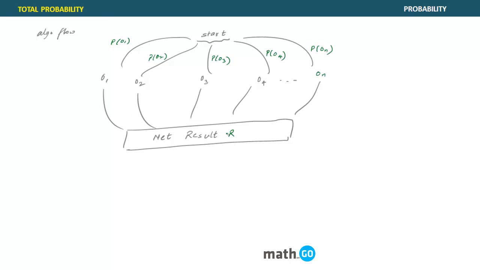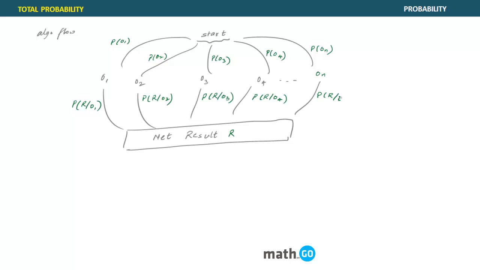This path is when the result is obtained using O1. So that means you have obtained result R when O1 has already occurred. You will call this R given O1, conditional probability. Probability R occurred when option 2 was selected. Probability that the result was got when O3 occurred. Similarly, all of these.